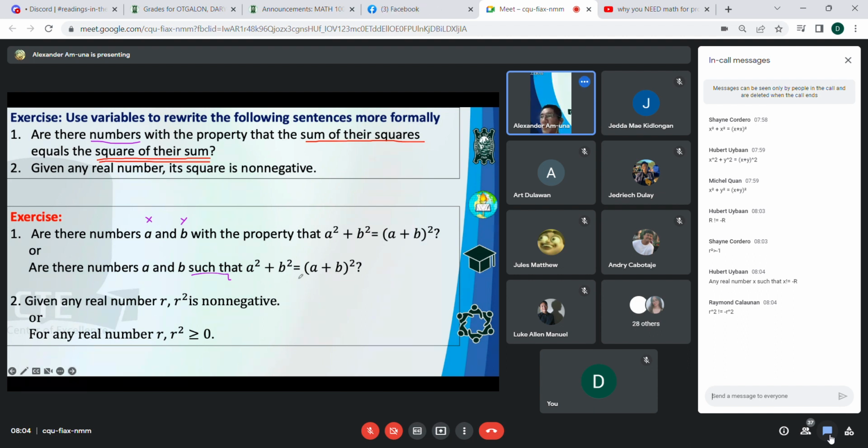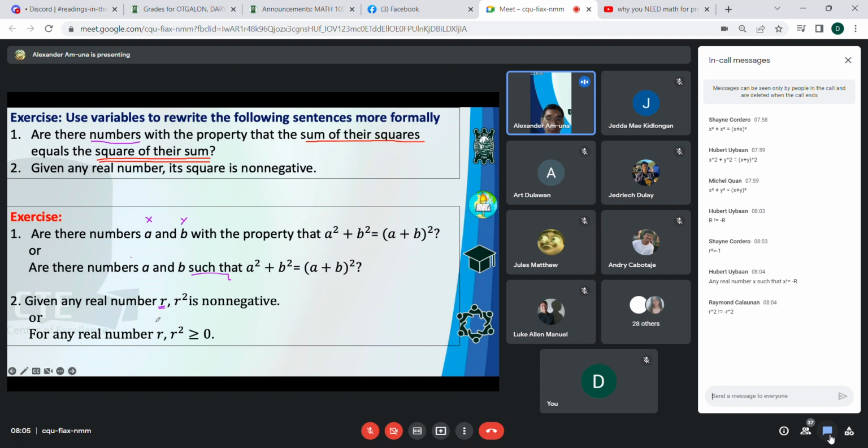So, same, we just copy this: given any real number, but this time, remember, we don't know that real number, so anong gagamitin natin? We use a variable. Okay, real number R. Remember, that's one of the use of the variable.